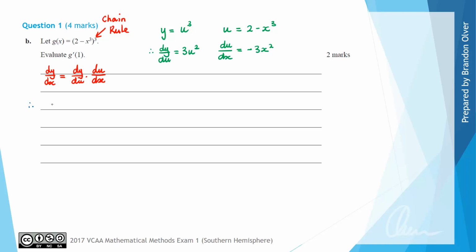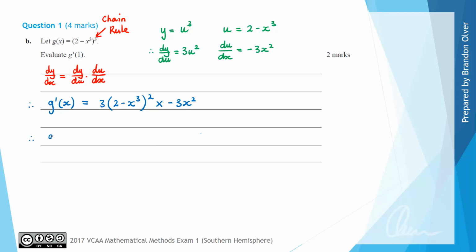So therefore g dashed of x is simply equal to 3u squared times negative 3x squared. So 3, but u has a rule 2 subtract x cubed, so 3u squared is this term here, and we multiply that by negative 3x squared.